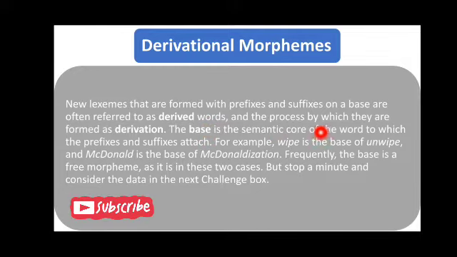And the process by which they are formed is called derivation. The base is the semantic core of a word to which the prefixes and suffixes attach. For example, wipe is the base form of unwipe. So un is not the base, un is a prefix. This is a new lexeme.